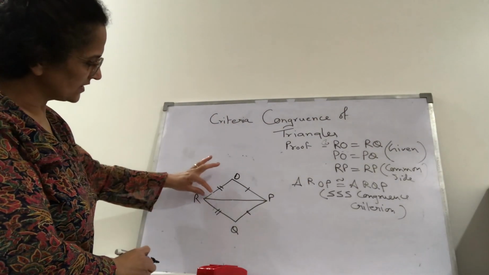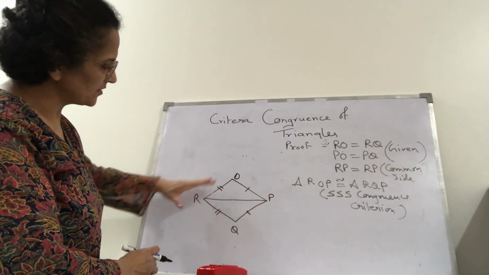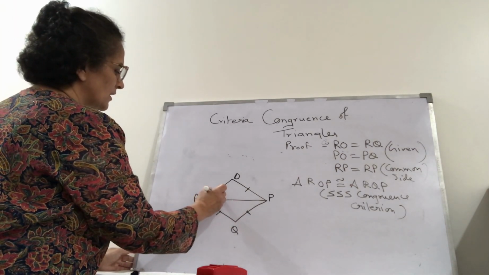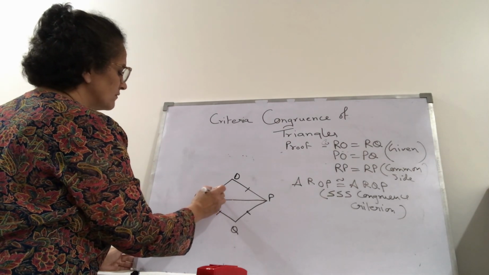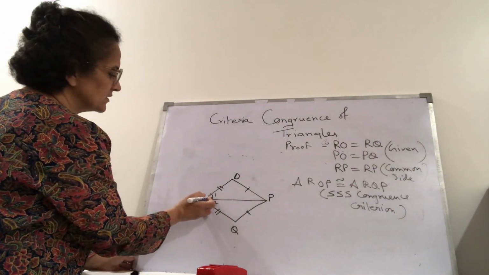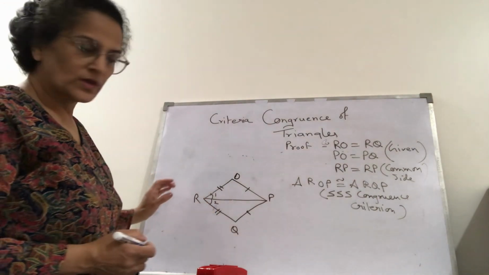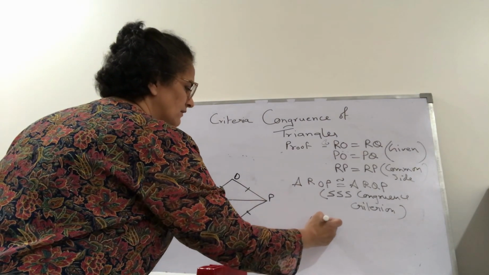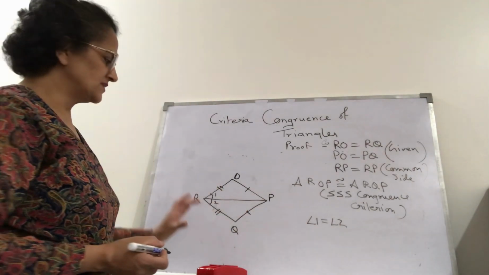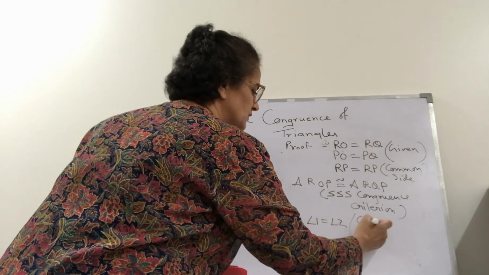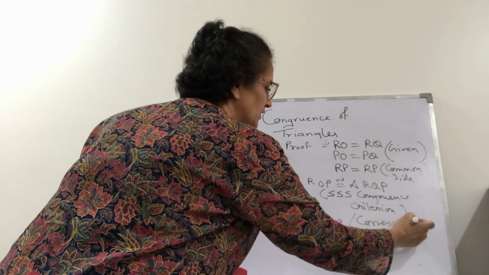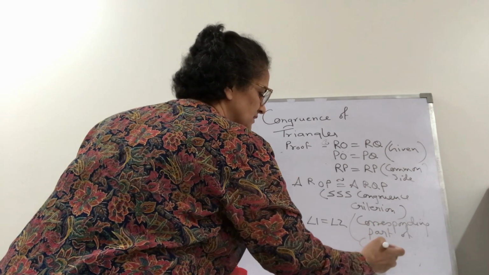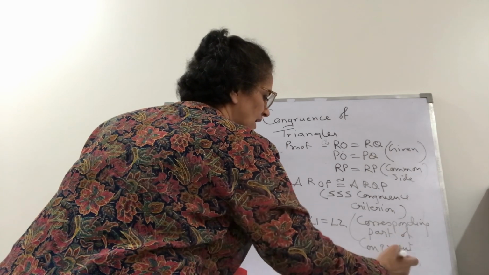Now they are asking to prove whether this line is bisecting this angle. For that, let me mark it as 1 and 2. I am marking this angle as 1, this angle as 2. Once you have proved the congruency, you can say angle 1 is equal to angle 2 by simply mentioning corresponding parts of congruent triangles.